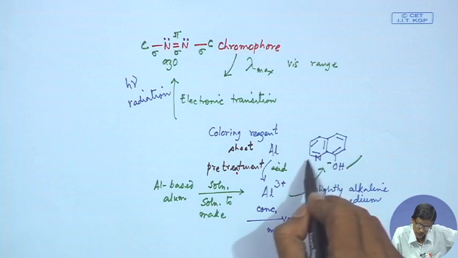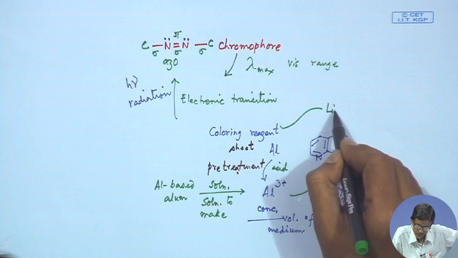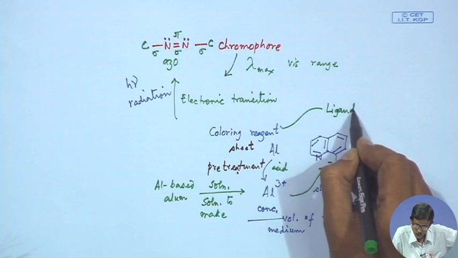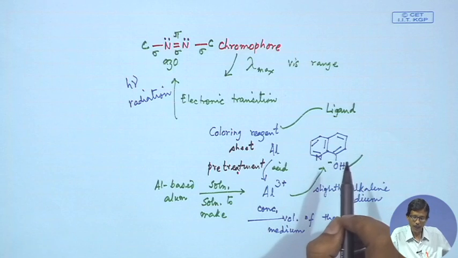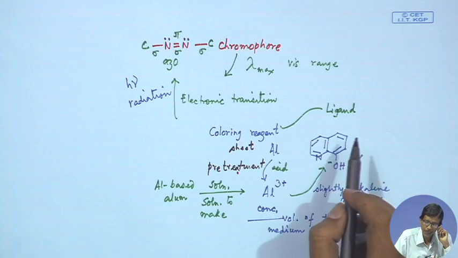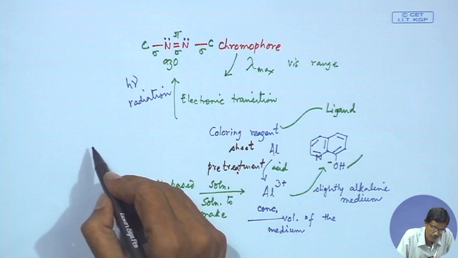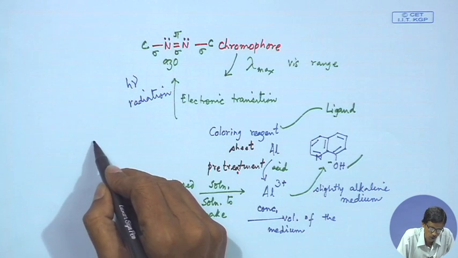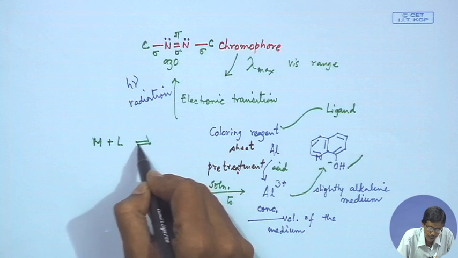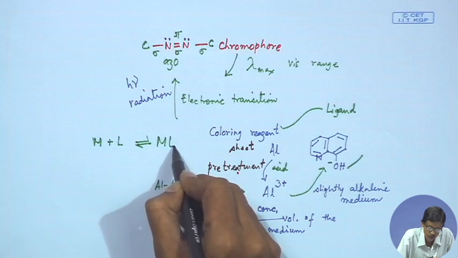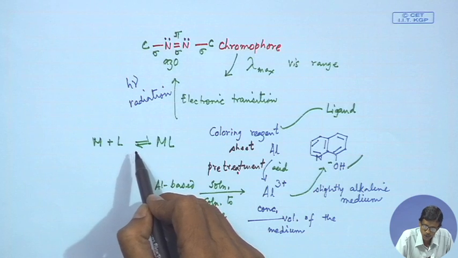So, this particular one, this reagent is nothing but a ligand. In a coordination chemistry, what we study as a ligand. So, we will be exploiting that particular reaction of a metal ion and the ligand. But whatever we have studied in our school level also, that M is reacting with L, giving rise to the corresponding formation of ML, as we have seen in the different chemical equilibrium also.